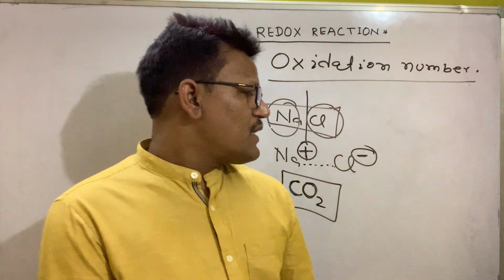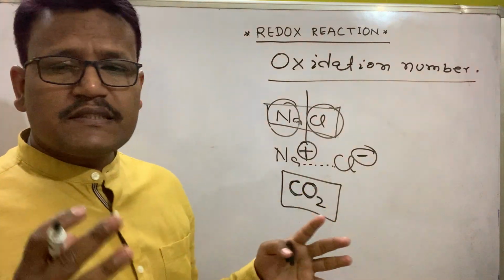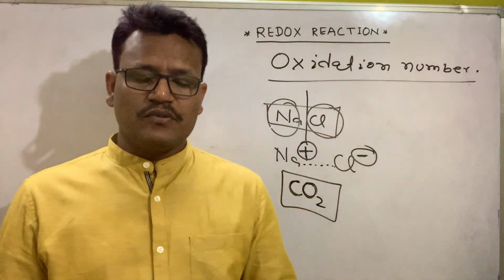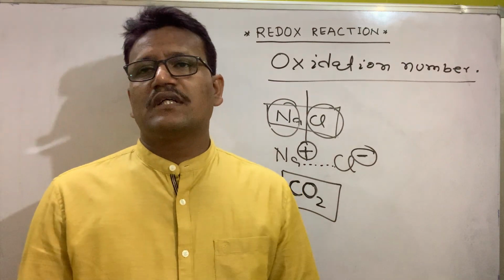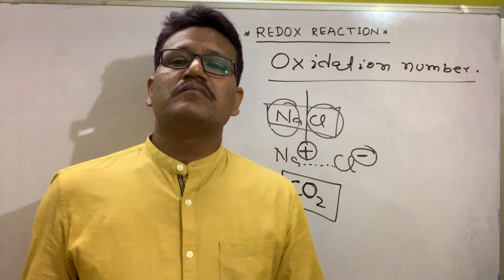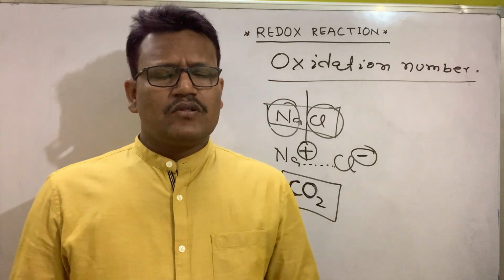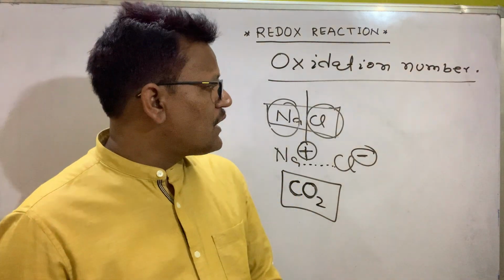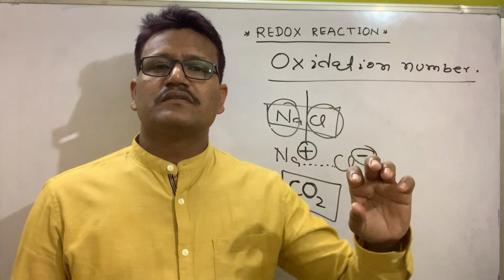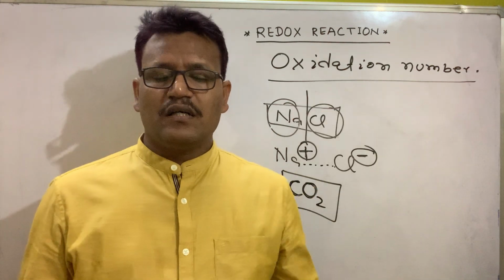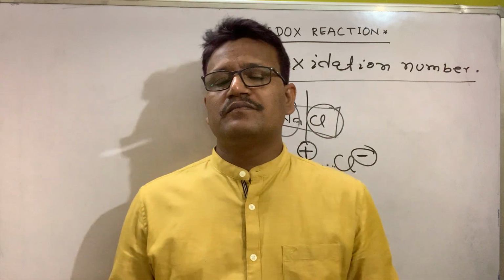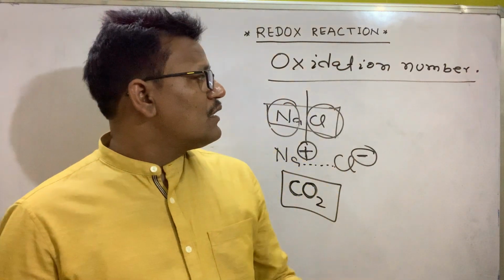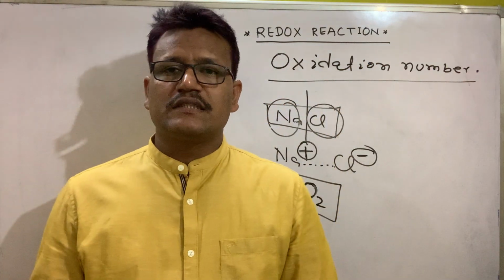So we have a set of rules for assigning oxidation numbers of atoms in a molecule. Let us have a look at the different rules for getting the knowledge of how to calculate oxidation number.